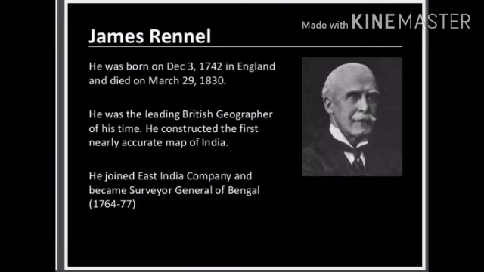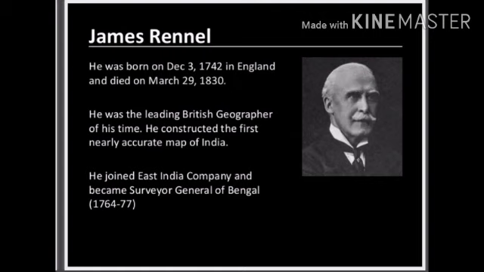James Rennell. He was born on December 3rd, 1742 in England and died on March 29, 1830. You will come to know why I am telling about this person. He was the leading British geographer of his time, and he constructed the first nearly accurate map of India.